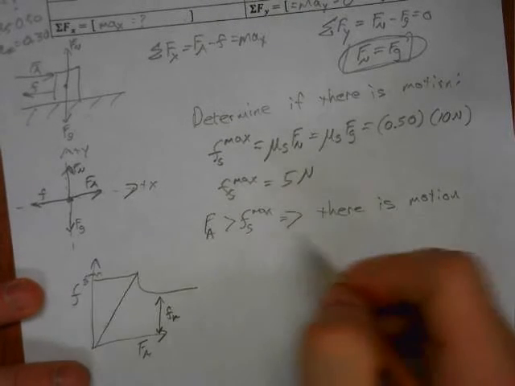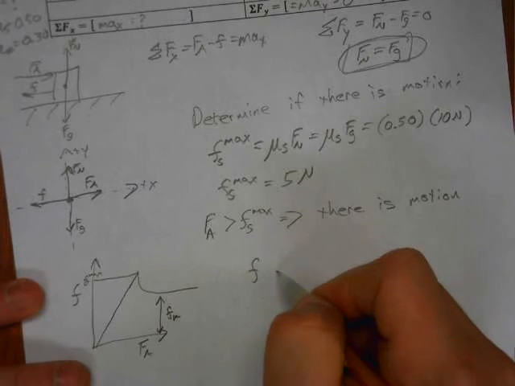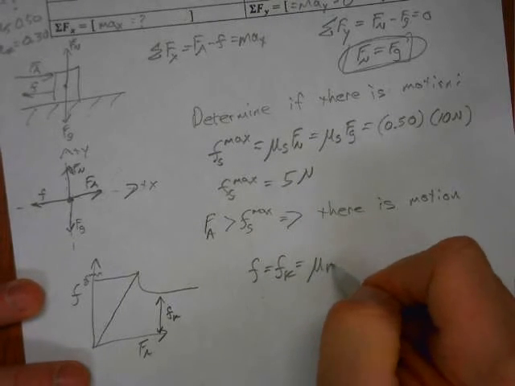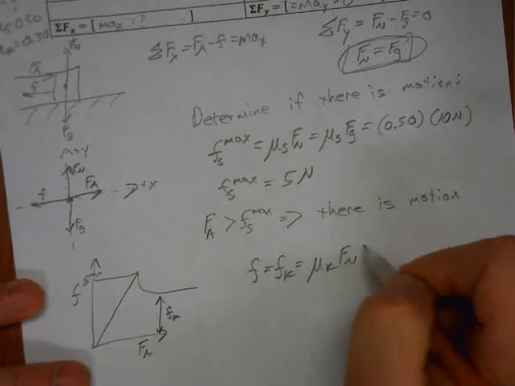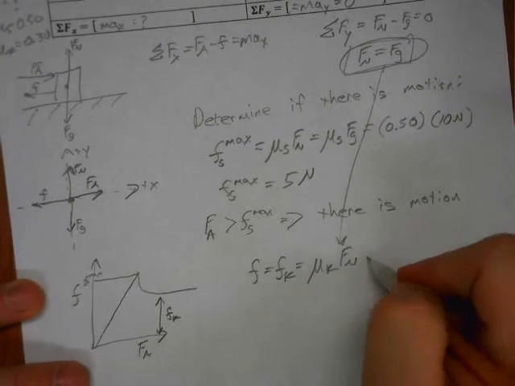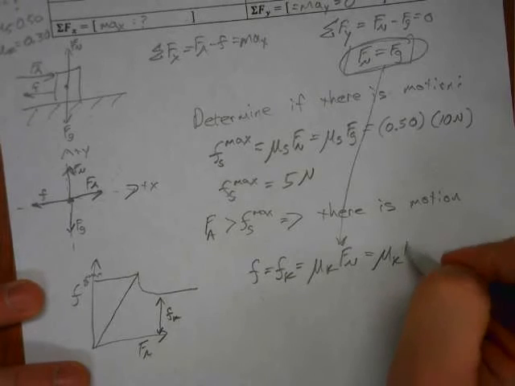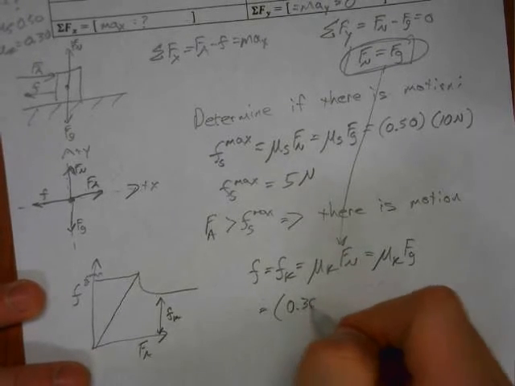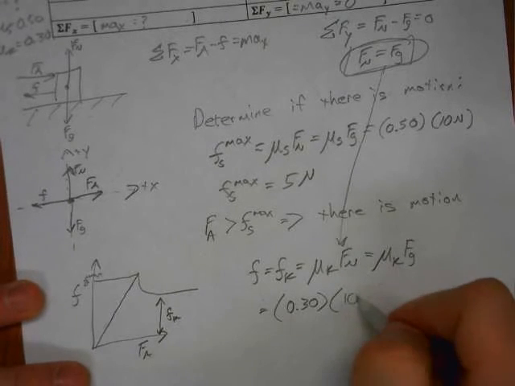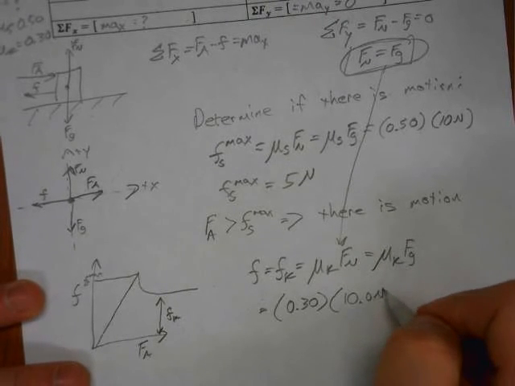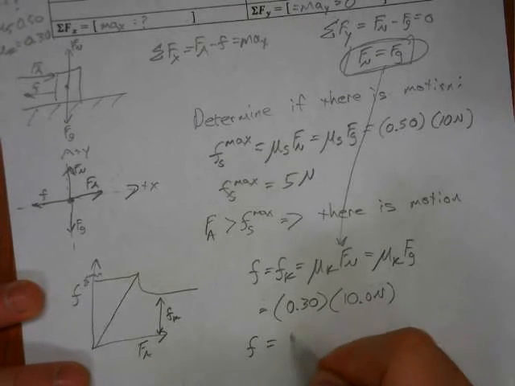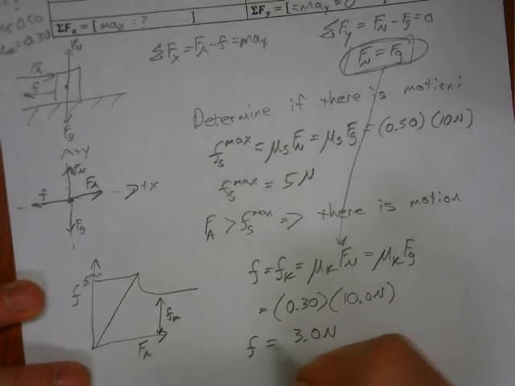So since the object is moving, we know that the force of friction equals the force of kinetic friction, which equals mu k times Fn, but again, we know that Fn equals weight, so mu k Fg equals 0.30 times 10.0 newtons, and the force of friction equals 3.0 newtons.